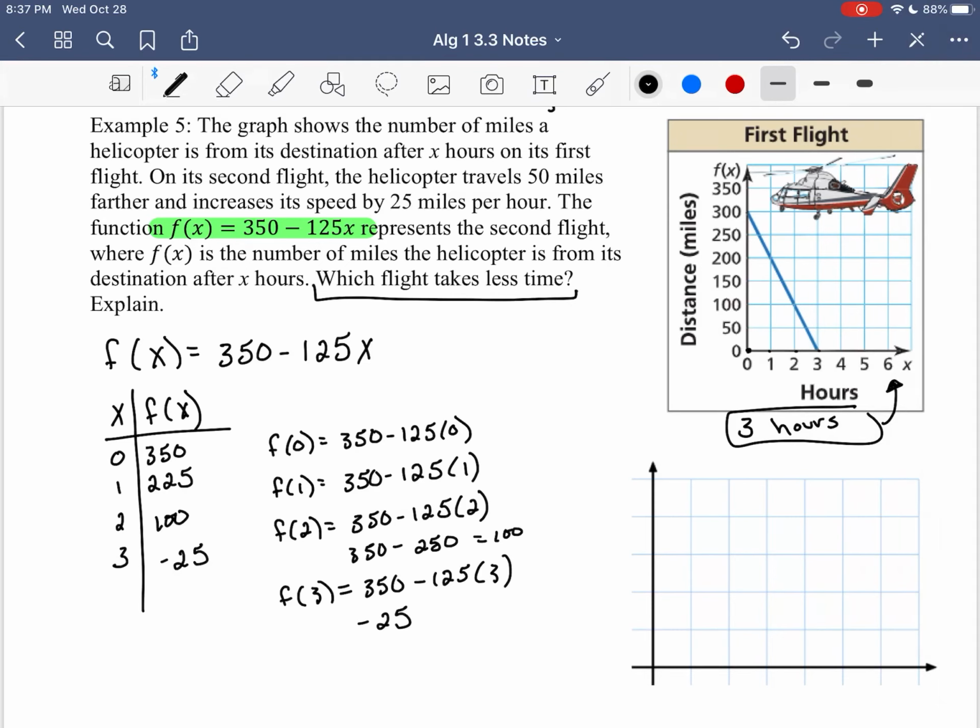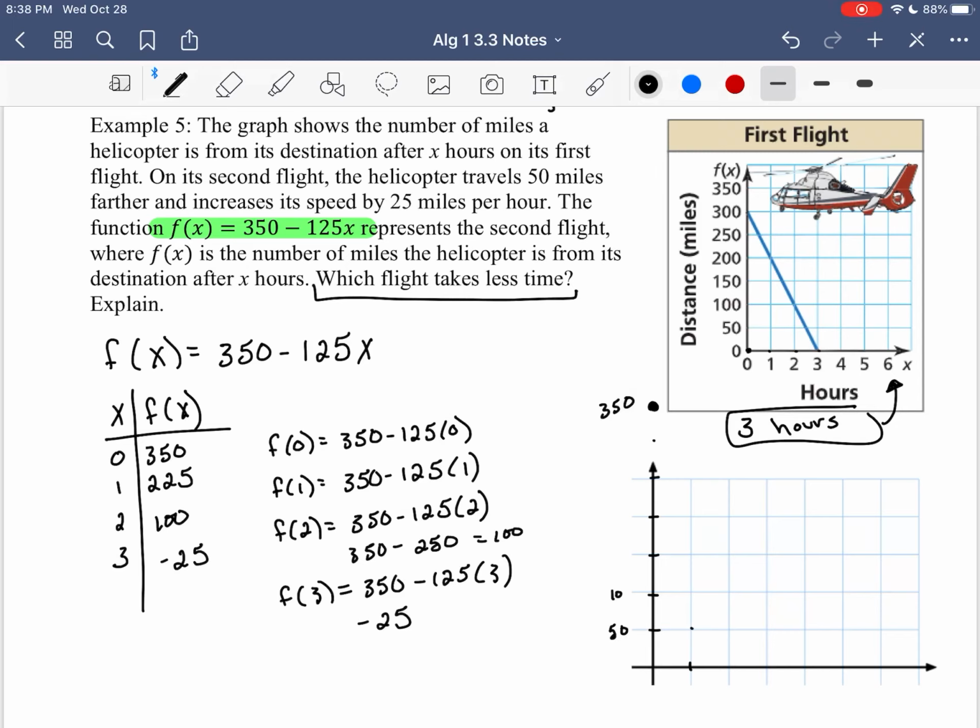Okay, but let's go ahead, let's kind of get a graph on this. Here, this one counted by 50s. We can try doing that. 50, 150, 250, 350. So we'll kind of have to go off the graph a little bit here. So at 0, we're at 350. That's for this first ordered pair right here. 1 hour here, we would be at 225. So we're counting by 50s.